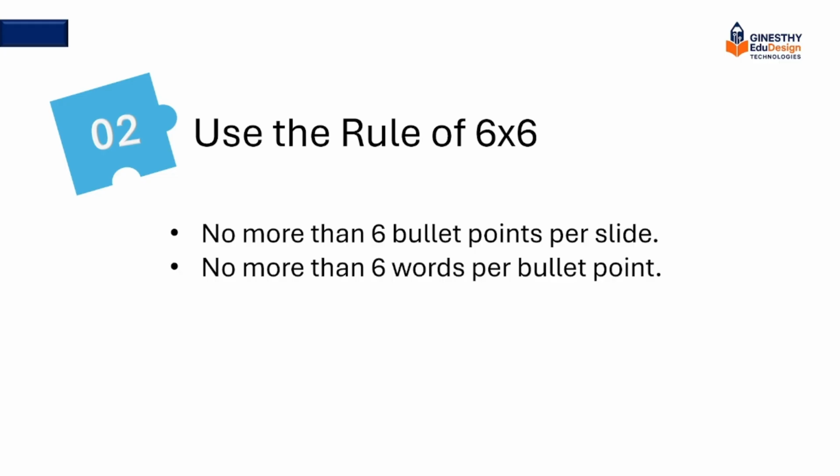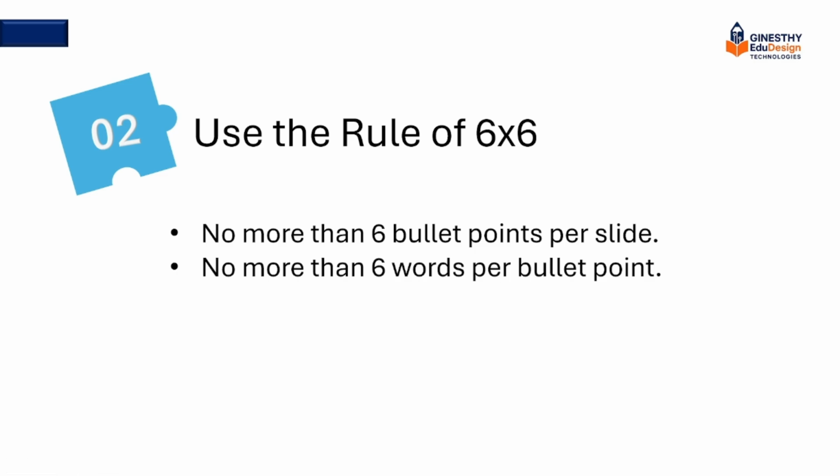Okay, so now it's different if you're creating a slide for a seminar. It's different when you're creating a slide for a presentation like what I'm doing right now. So for me, I could add like 7 to 8 bullets depending on my audience, depending on the people I'm communicating to.